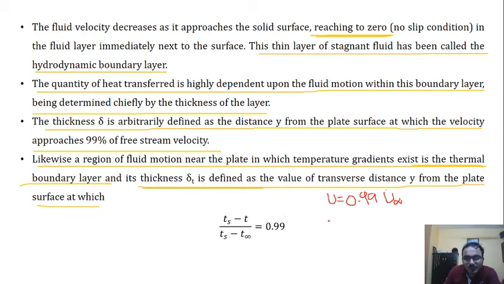Now to define the thermal boundary layer thickness, this equation looks slightly different, but it is very similar: delta T is equal to 0.99 delta T infinity. Delta T is nothing but Ts minus T, or Ts minus T infinity in this second case.